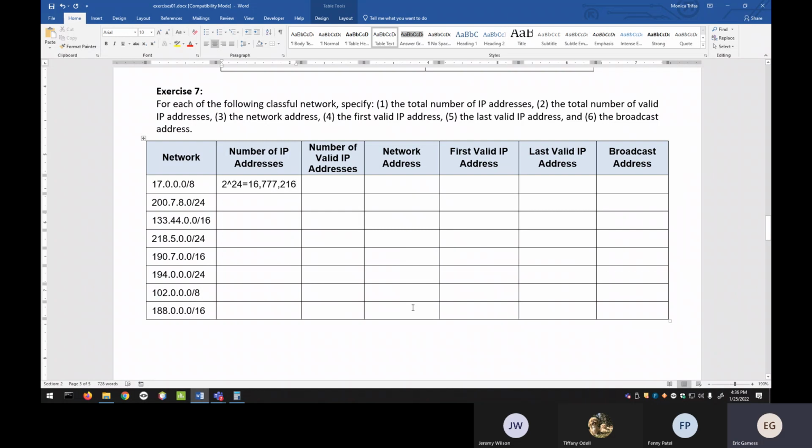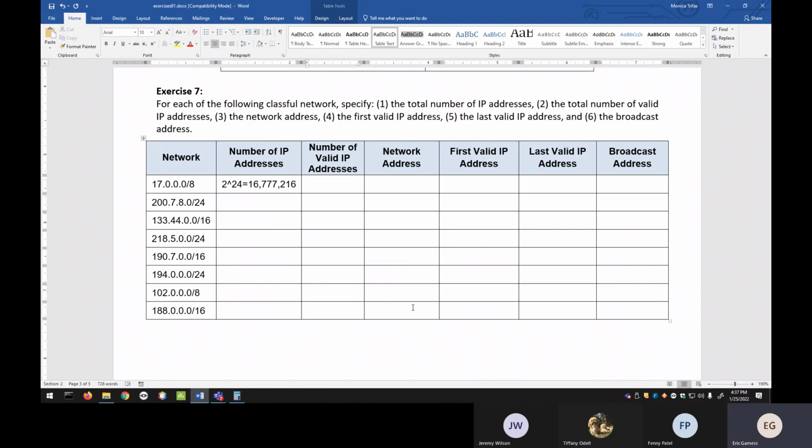Now they ask the number of valid IP addresses. How do we compute the number of valid IP addresses? So of all the IP addresses, we lose 2 IP addresses. The first one and the last one. So what will be the number of valid IP addresses? It will be the previous number minus 2.